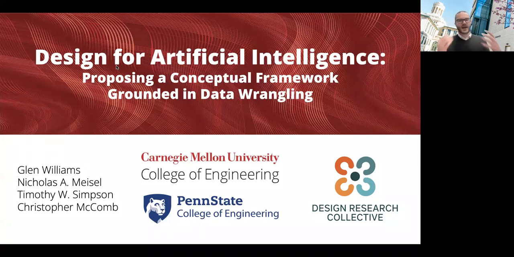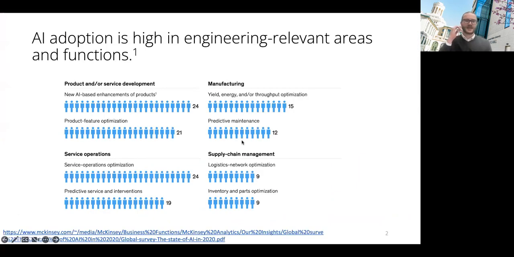This idea of design for artificial intelligence is maybe a little atypical compared to the other DFXs because it's a little bit broader. We'll see what that means as we discuss the idea today. Like much of my work, this comes out of the idea that AI is changing the way that we do engineering and the way that we do design.